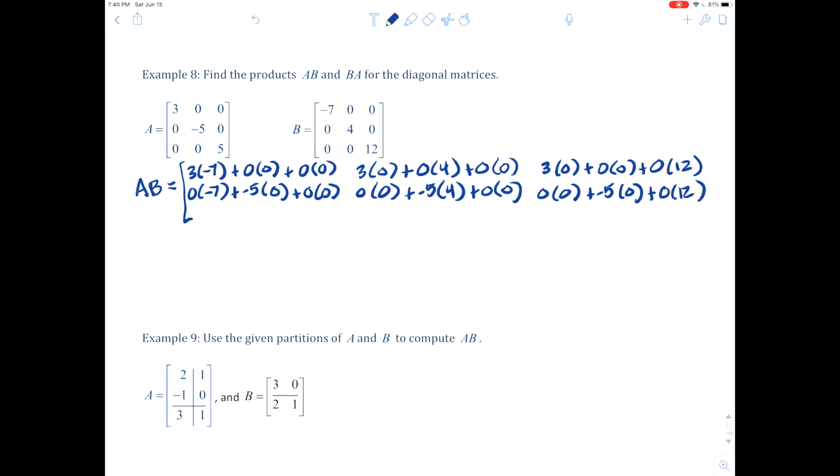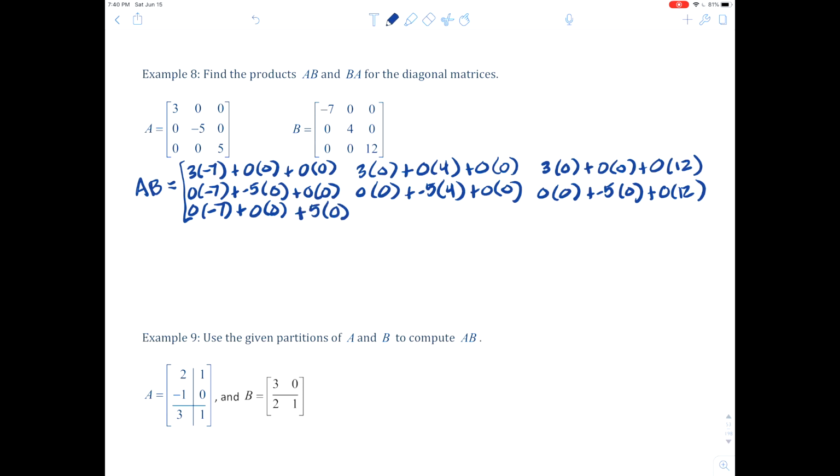All right, on to the third row. What's that going to be? Well, that's going to end up being 0 times negative 7 plus 0 times 0 plus 5 times 0.